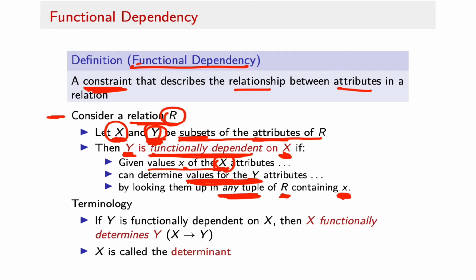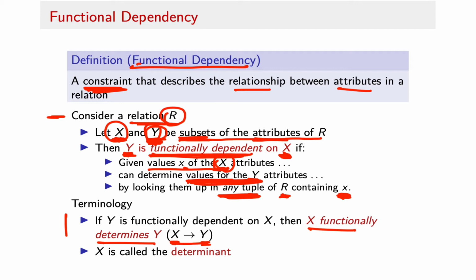There's some other terminology here too. If Y is functionally dependent on X, then we can also say that X functionally determines Y, and that's written as X arrow Y. So we know something for X, and that implies something about the values that can be in the attributes that are part of Y. Again, keep in mind that X and Y are both sets of attributes.